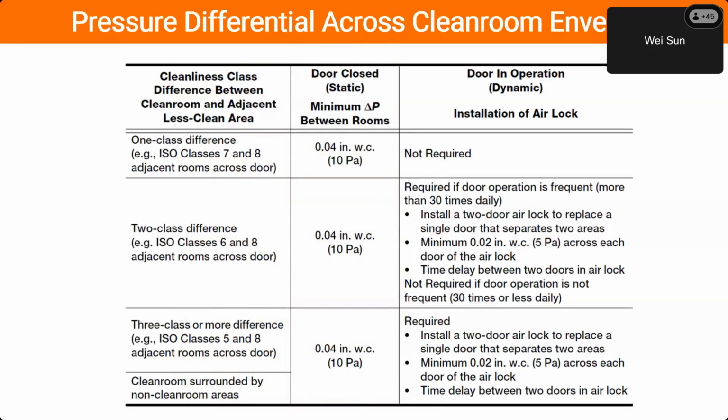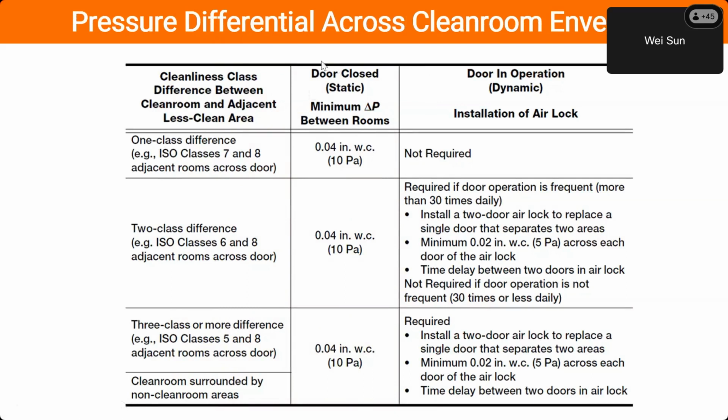And another very important table, we call it the pressure differential criteria. So this table basically divides into several categories. Let's say if the clean room and the hallway have one class difference, let's say ISO 7 versus ISO 8, outside is ISO 8, inside ISO 7, you will need to have 0.04, which is 10 Pascal minimum pressure differential.